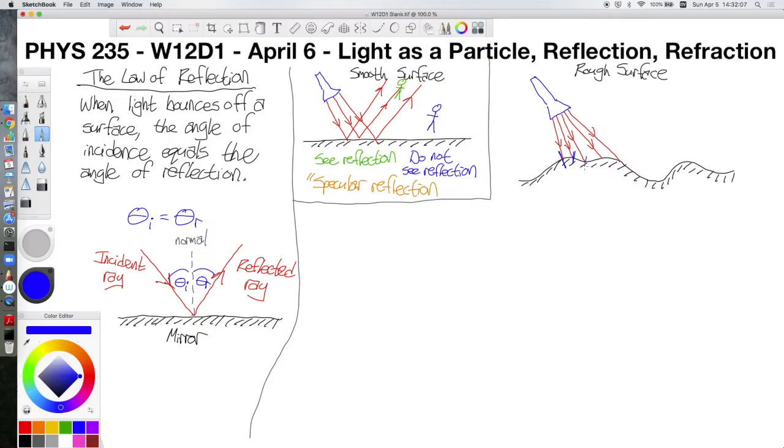But a lot of these other rays are not well aligned with the normal lines. So these little blue lines here are the normal to the surface of the mirror at those different locations. So each of these rays will be reflected off into the distance in some direction.